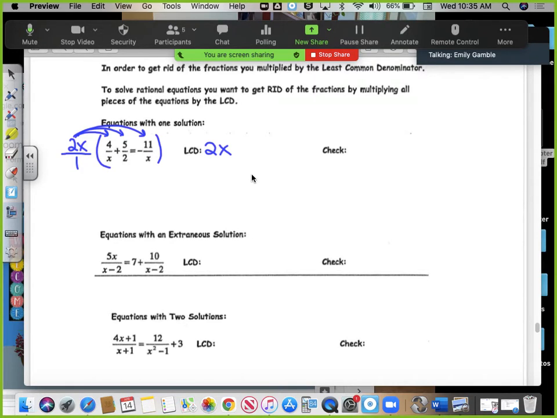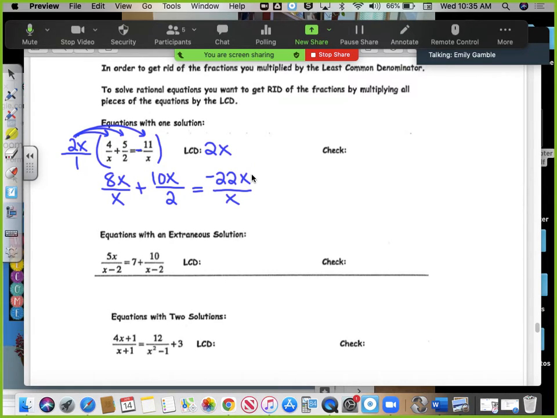So when we do this, 2x times 4 is 8x over, the denominator stays the same since 1 times x is x, plus 2x times 5 is 10x over 1 times 2 is 2 equals, I'm going to make this negative, I'm just going to put it with the 11. Negative 11 times 2x is negative 22x over 1 times x is x.